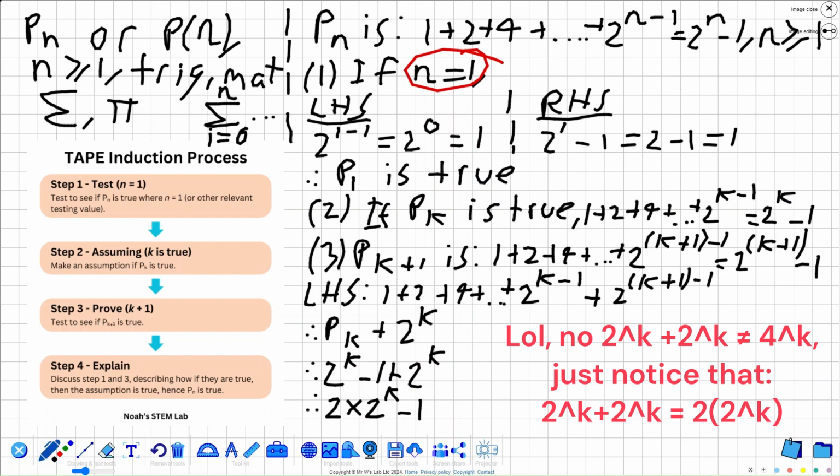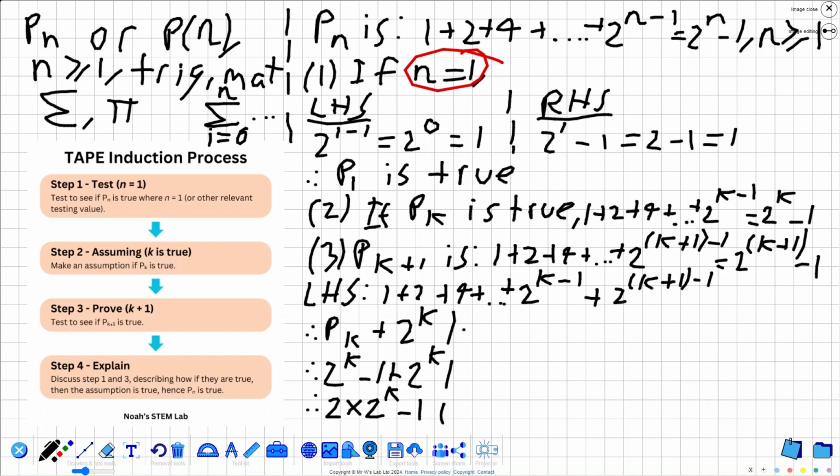And then I'll say that 2 to the power of k+1 - 1, because obviously in here that is technically to the power of 1, so when you multiply them the powers just add, so it'll be k+1 like we've done there.